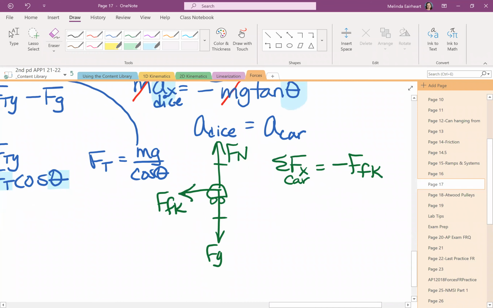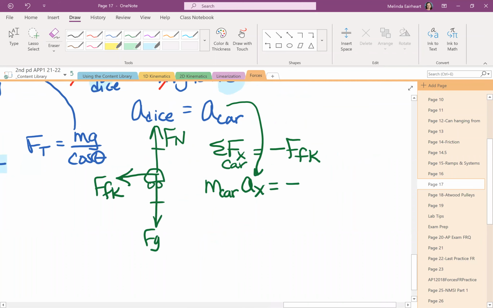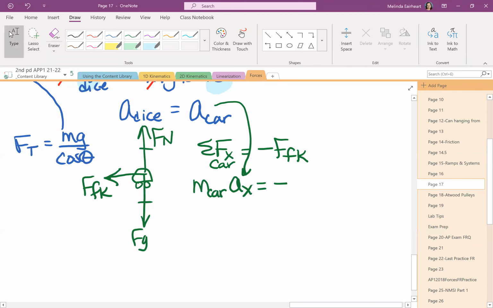Fnet equals ma. So this is the mass of the car. And there's that horizontal acceleration that we're trying to get back to. Equals a negative, what's our newish equation for friction? Mu k Fn.